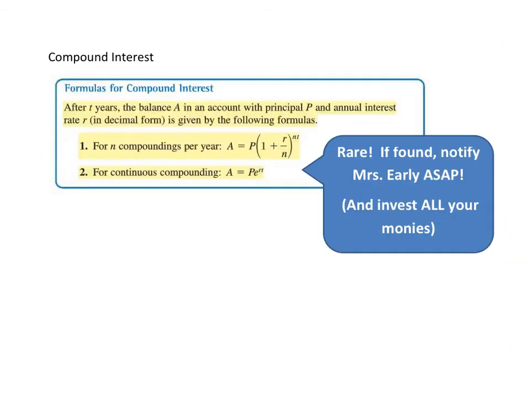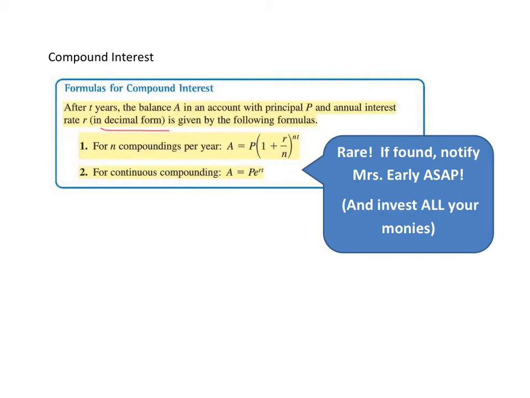The other thing that increases exponentially is interest. When you put money into a savings account, you earn interest on it. This is the formula you're going to use for compounding. Anytime you start with a principal P, you multiply by 1 plus r, whatever your rate is, in decimal form. n is the number of times it's compounded per year, and t is the number of years that money stays in the account.